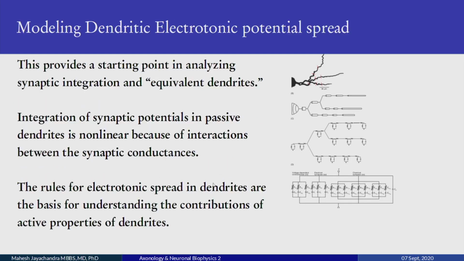So when you have such a model, it's a starting point in analyzing both synaptic integration and equivalent dendrites. Integration of synaptic potentials in passive dendrites is nonlinear because different synapses have conductances, so they interact. The rules for understanding electrotonic spread in dendrites are the basis for understanding the contribution of active properties of dendrites.